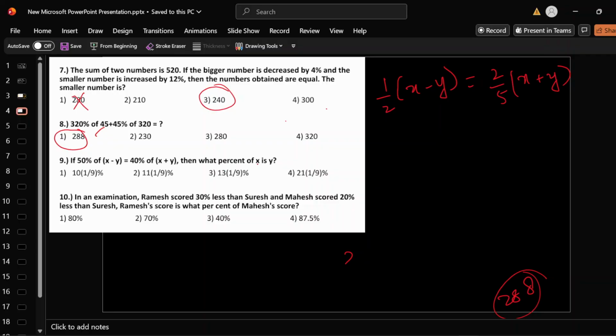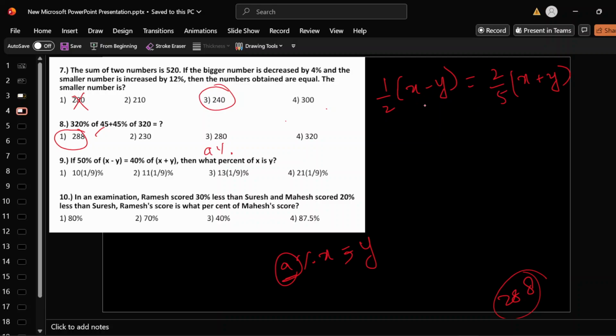Then what percent of x is y? So let us assume the percent is a percent. A percent of x equals to y. Here we have to find the a value. Remember this.